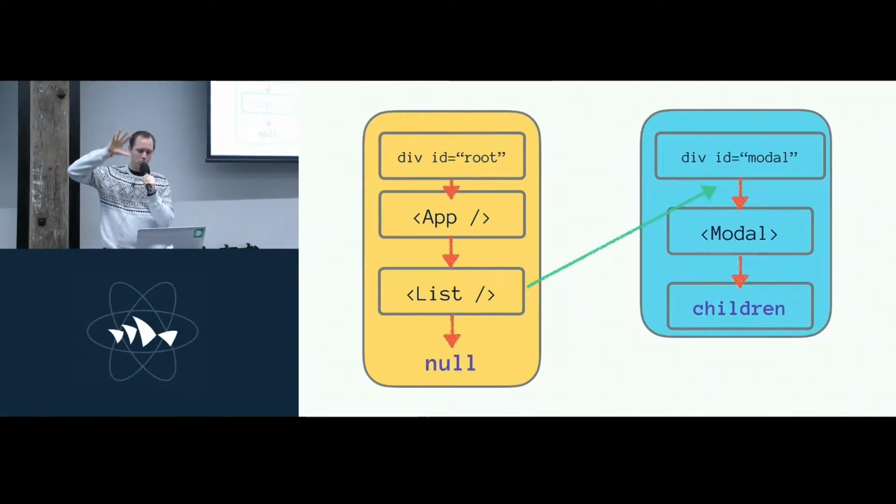So say you have this one React app which renders out app and then list, and then you have this little hack where list returns null and then creates a div somewhere else on the page and renders a new React application into that div. This is how we would do modals and things like that in the past, where if you wanted to have one React app and then another React app somewhere else on the page, communicating between the two and passing children down into this new section, then you would do something like this.